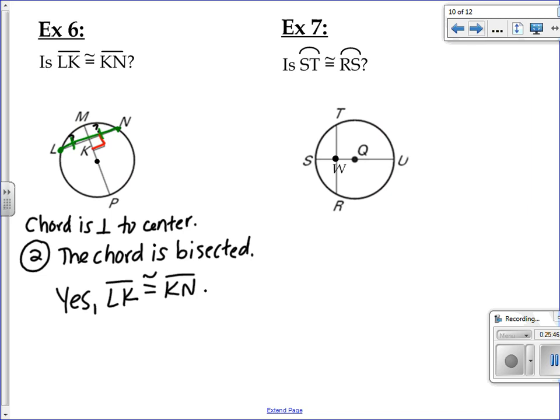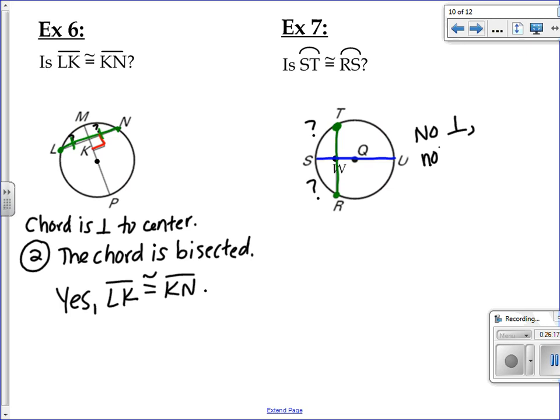All right, let's take a look at example 7. We're trying to figure out, is arc ST congruent to arc RS? So again, let's just analyze what we have here. Okay, I have a chord TR. I also have a diameter, I'll just highlight it in blue, SU. But you'll notice there's no perpendicular, there's no right angles between the two.